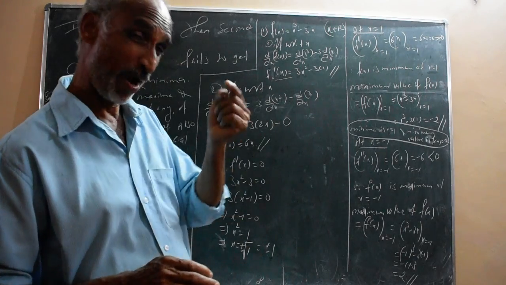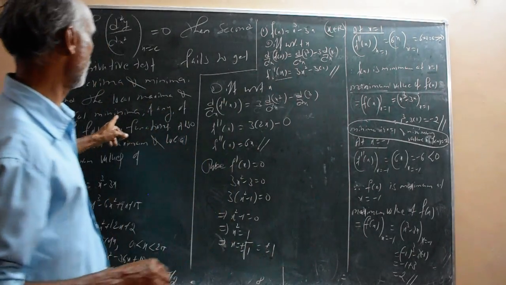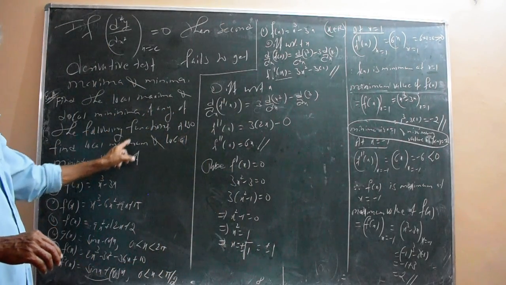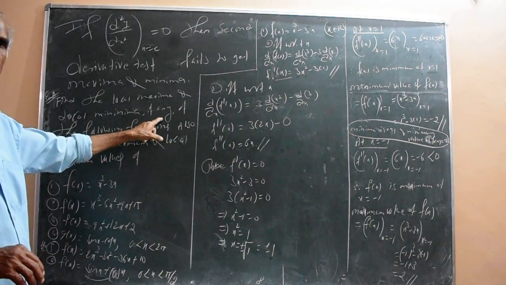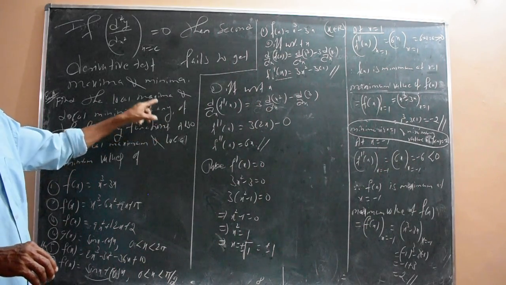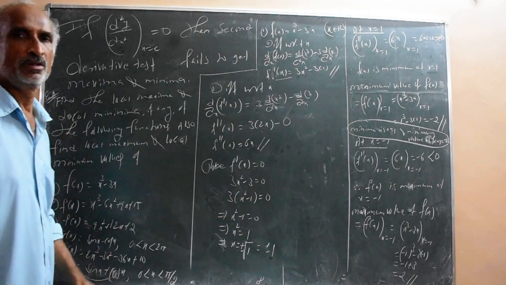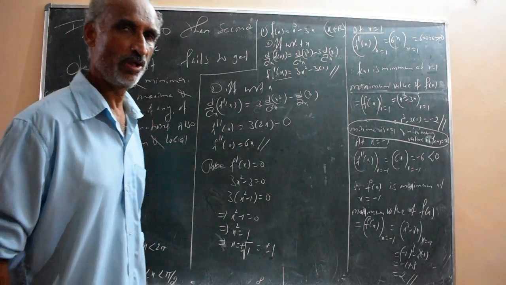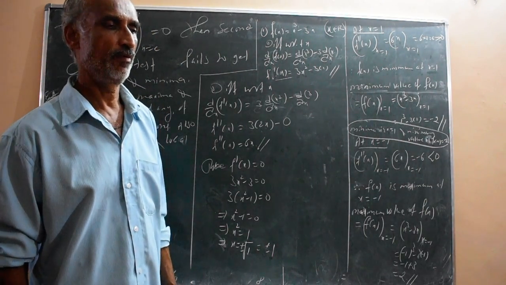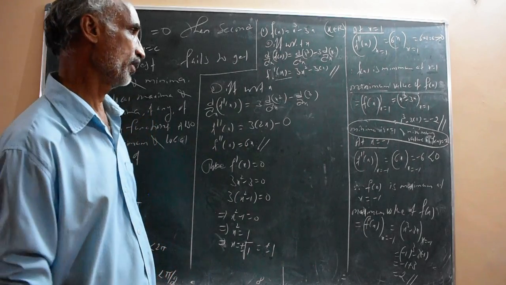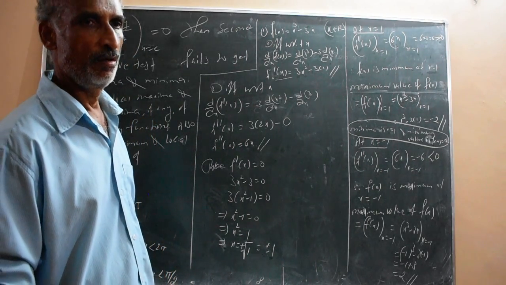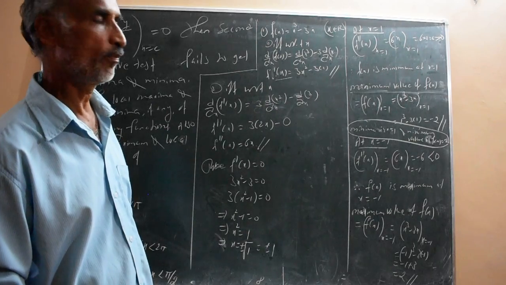Now get the minimum value of the function, because the question asks to find both the point of minima and the minimum value. The point of maxima means the x value, as well as the corresponding f of x value, which is the maximum or minimum value of the function. x equals c is the point of minima or point of maxima.